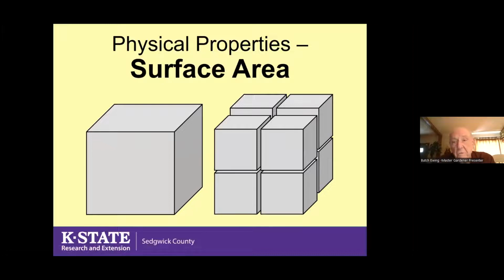So if you measure all the surfaces on all these particles and compare how much surface they have, surprisingly enough, the small particles have, in our example, twice as much surface area as the big particles.